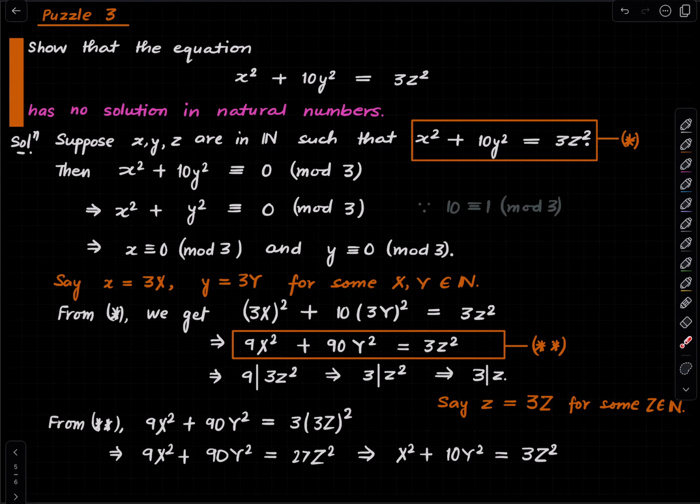And now notice something very strange has happened. We started with a solution to this equation, or basically we started with three natural numbers which satisfied this equation. And what have we got?